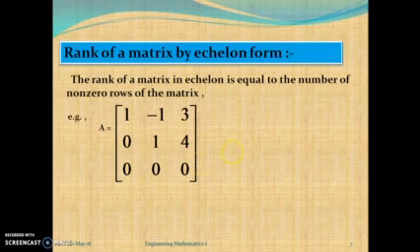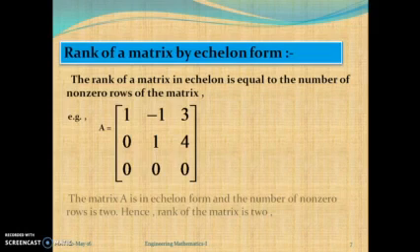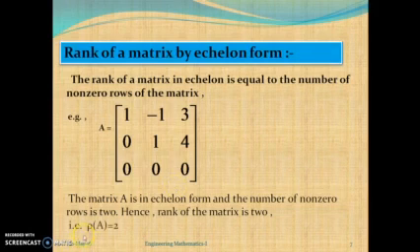There are 2 non-zero rows, therefore the rank of the matrix is 2, and it is denoted as ρ(A) = 2, meaning the rank of A is equal to 2.